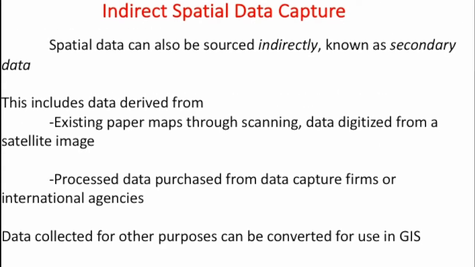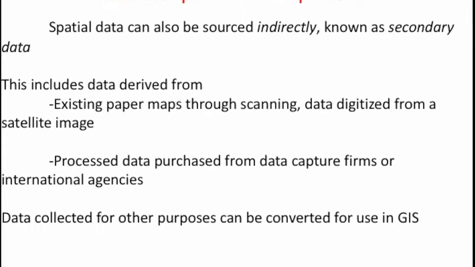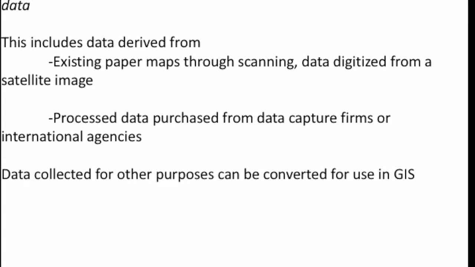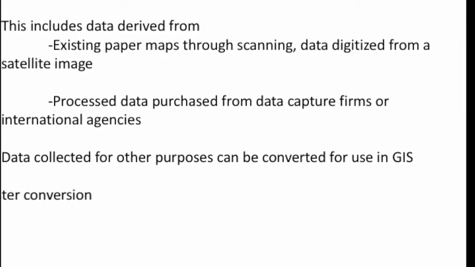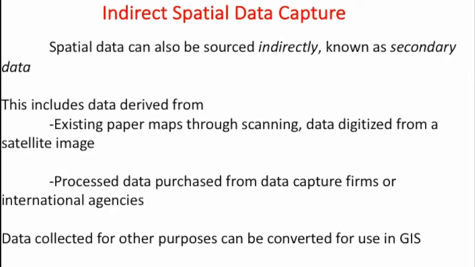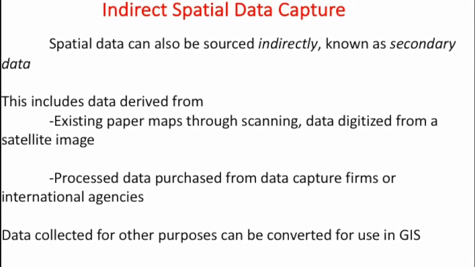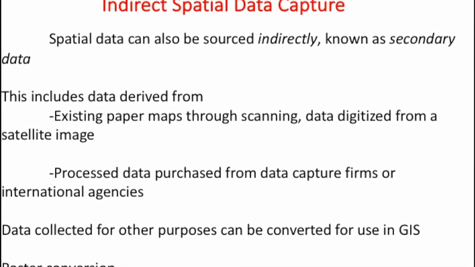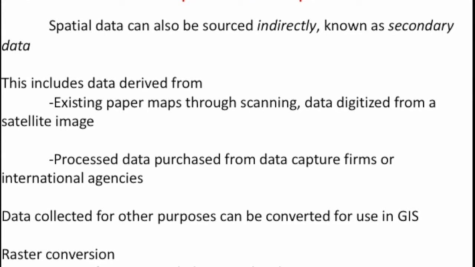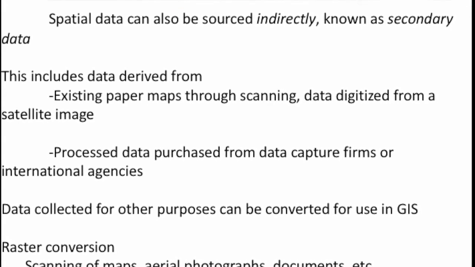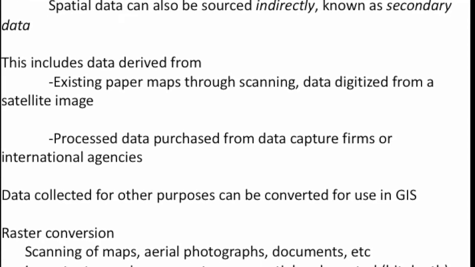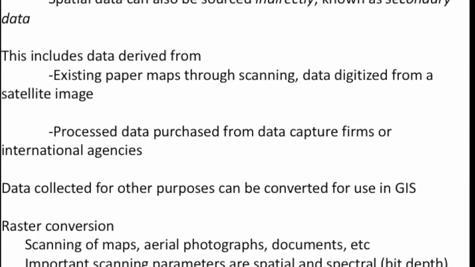Data collected for other purposes and converted for GIS purposes are termed indirect spatial data capture or secondary data. This includes raster conversion, scanning of maps, aerial photographs, documents, etc. Important scanning parameters are spatial, spectral, and temporal resolution. These three things should be considered. Spatial is the smallest feature that can be detected by a satellite sensor or displayed in a satellite image.